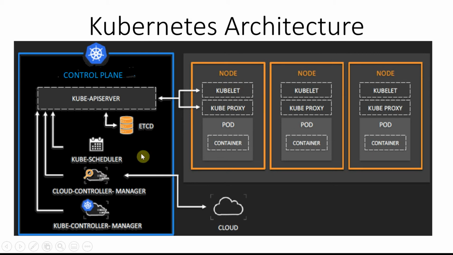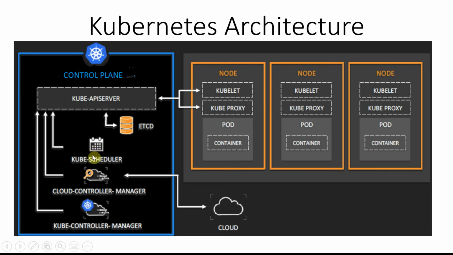So, summary: the control plane will have the API server and etcd, and the API server talks to multiple nodes and also maintains the status and health information of all the nodes. All the information that is passed here is stored in etcd. That's how the API server knows the health of any given node.